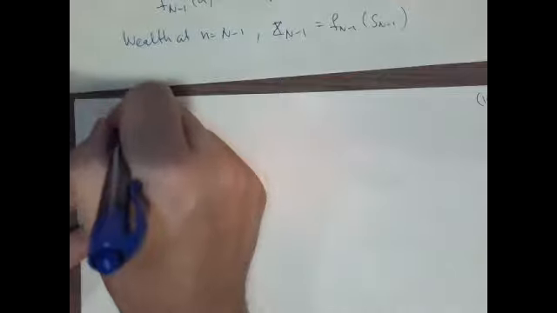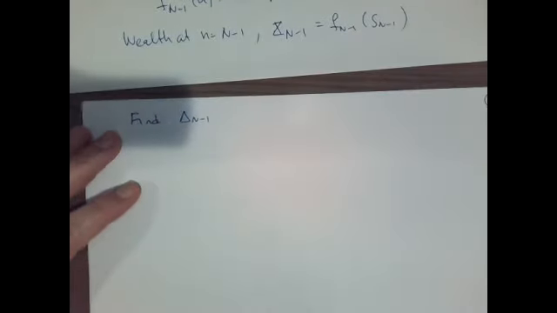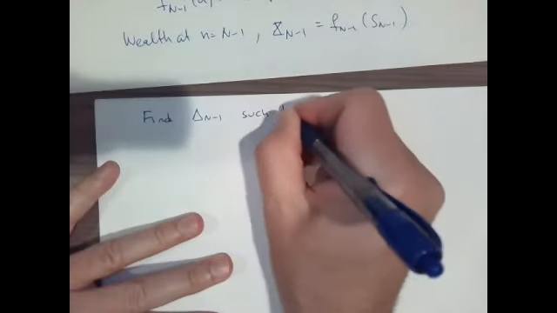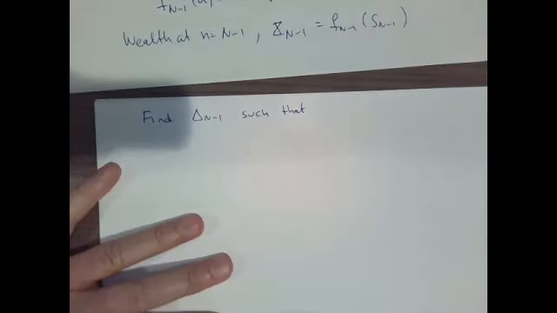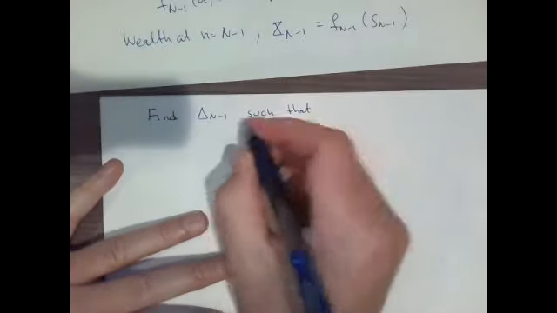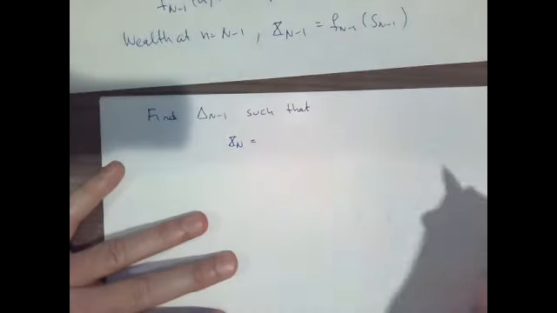So then the next part of the question is to find delta. What we want to find is how much we're going to invest such that at the end, I get exactly this S_n squared.